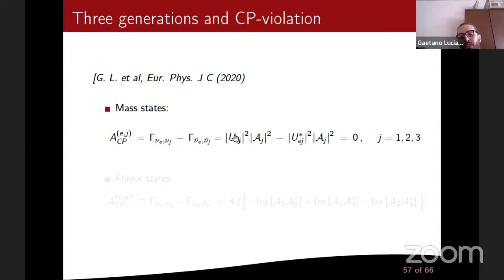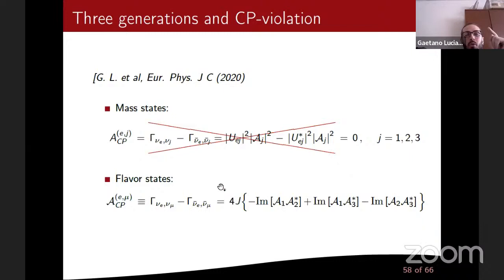Here there is the matrix element. Here there is the conjugate of this matrix element, but here appears a modulus squared. So in principle, this difference gives zero. So you don't have the possibility to predict CP violation using massive states as asymptotic states for neutrinos.